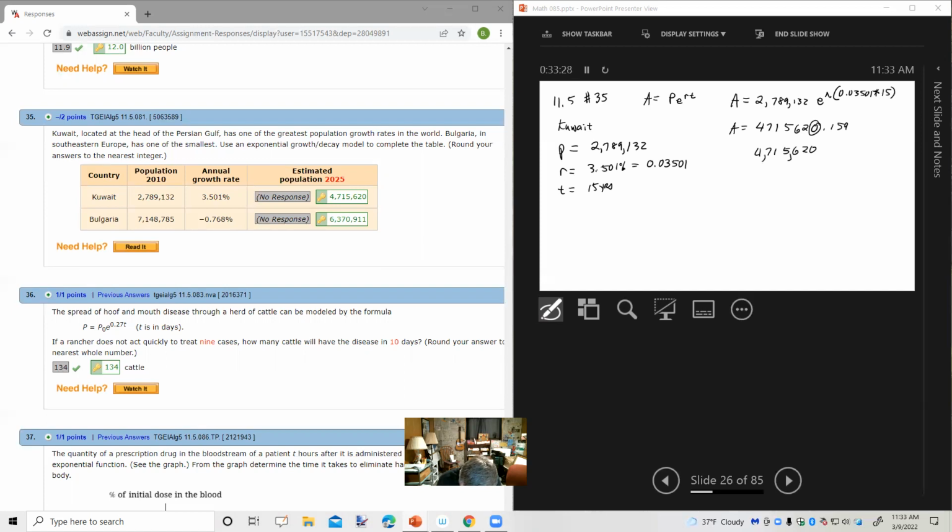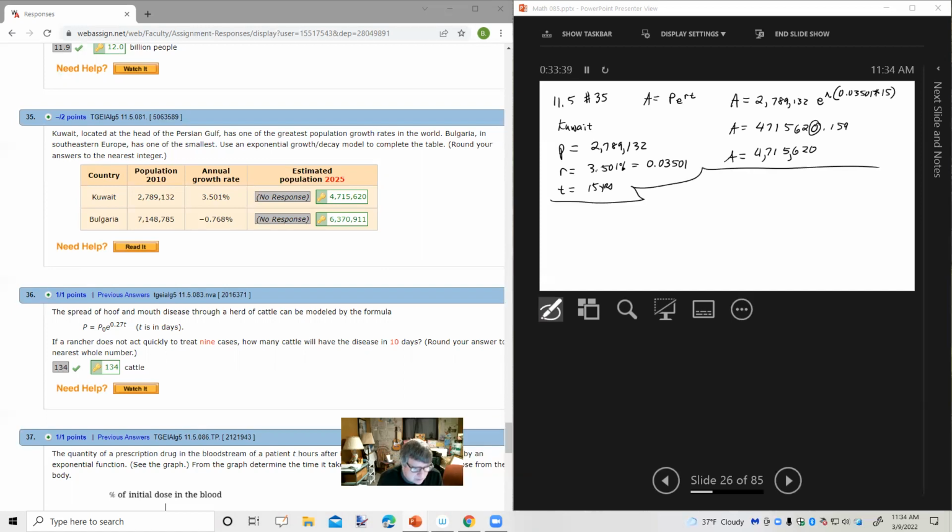So the new population is 4,715,620. All righty, and then next we have Bulgaria.